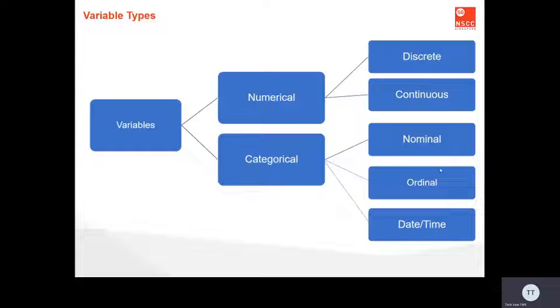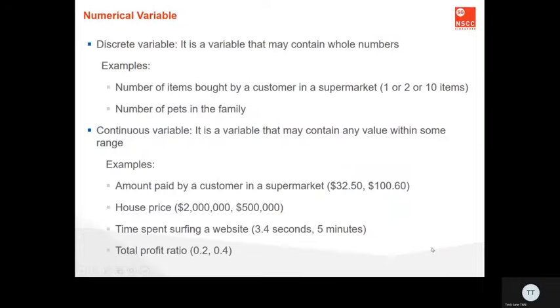For categorical, you have nominal, ordinal, and time variables. A discrete variable is a variable that may contain whole numbers. Example, number of items bought by a customer in the supermarket can be 1, 2, or 10 items. Number of pets in the family can be 1, 2. It cannot be 1.3 pets.